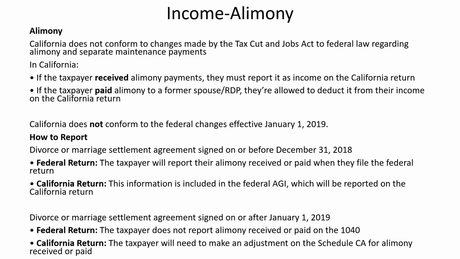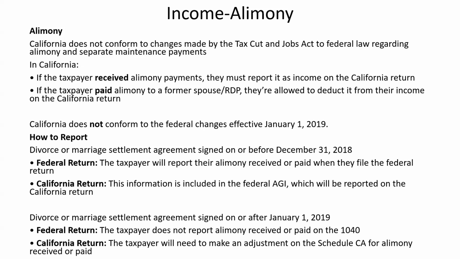Okay, real quick, we'll talk about alimony. You don't see a lot of this at the VITA site, but when you do, it's going to make a difference. When you're talking about alimony, you have to define what alimony is. Alimony is money that is paid typically to a former spouse, in some cases a current spouse, but typically a former spouse, and it is ordered by a judicial official who has the authority.